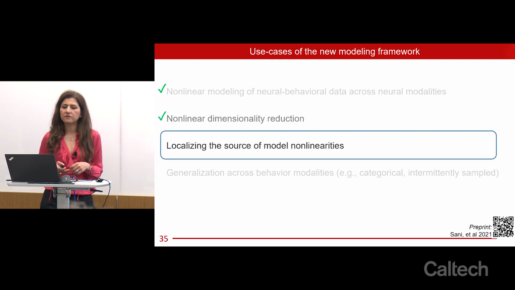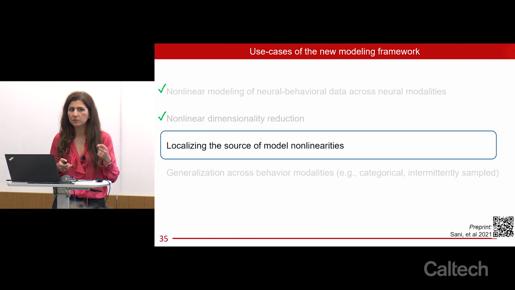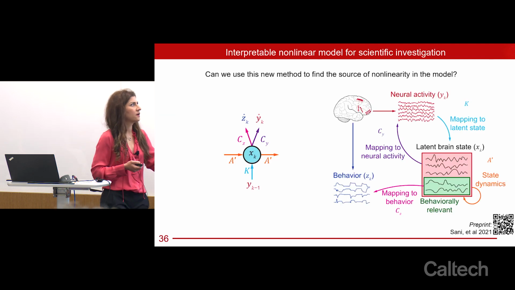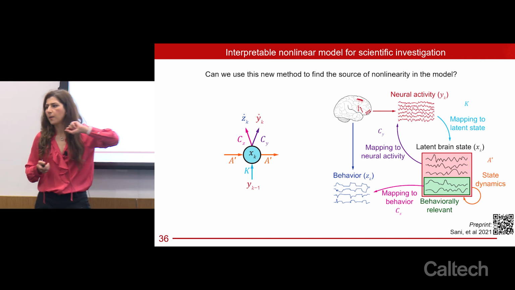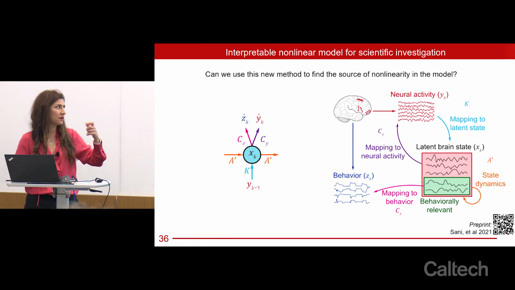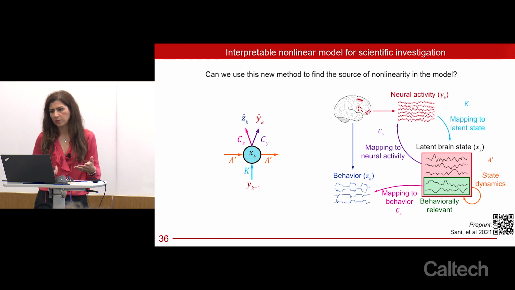The third use case is to localize the source of model nonlinearity to afford some level of interpretability. In particular, the question here is where can I summarize the nonlinearity across these four mappings? This can provide some ability for hypothesis testing to interpret neural computations.